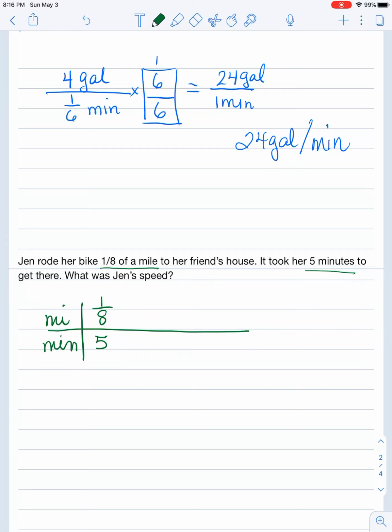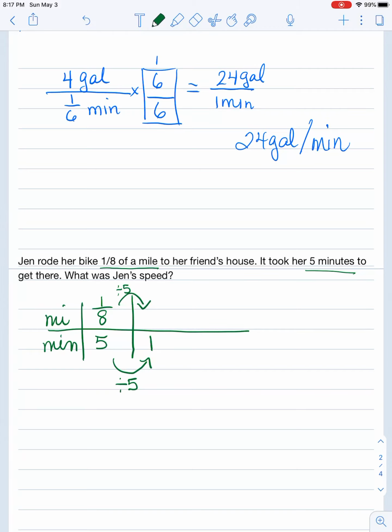So do you see that in this case, the thing that makes it different is we have a whole number of minutes, but our distance is the fraction. So we're going to treat this the way we used to treat, well, we still do. Whenever our denominator is a whole number, we need to get to 1, right? So in this case, we do have to divide. What do we divide by? We divide by 5, okay? And so we have to divide this by 5 as well.